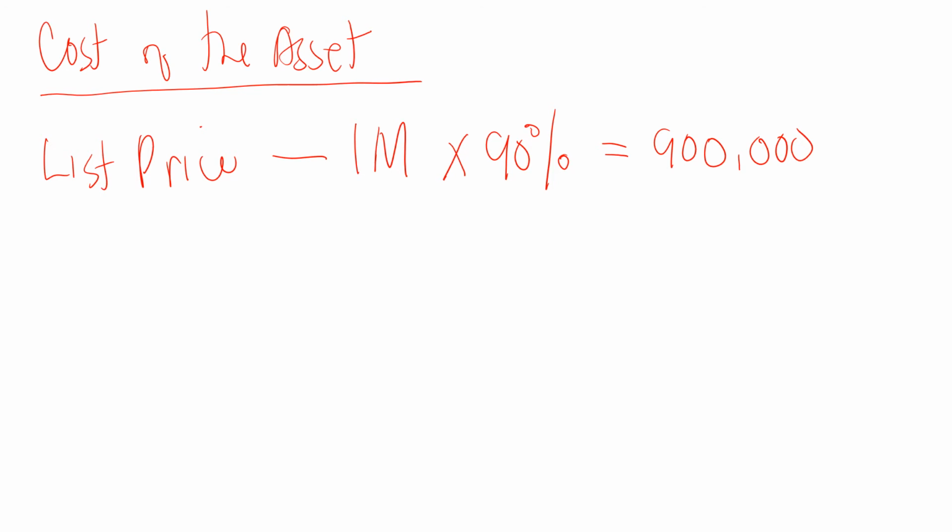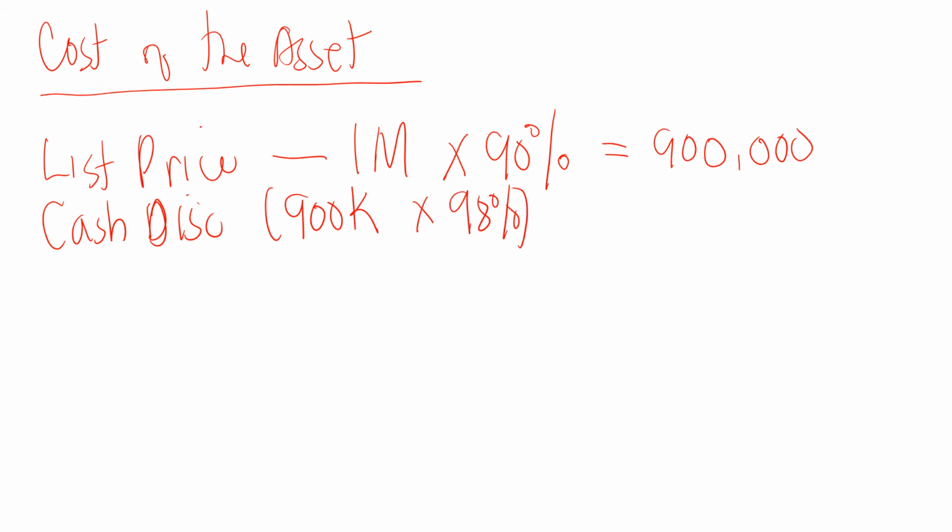So therefore, to deduct the cash discount, the list price net of trade discount is 900,000. This should be multiplied by 98% because the cash discount is 2%. Sorry, it should be 2%.